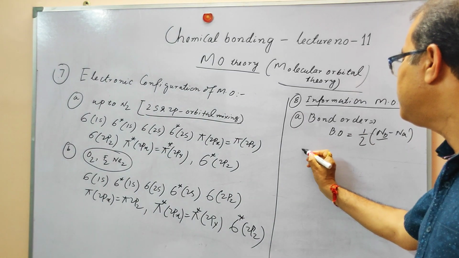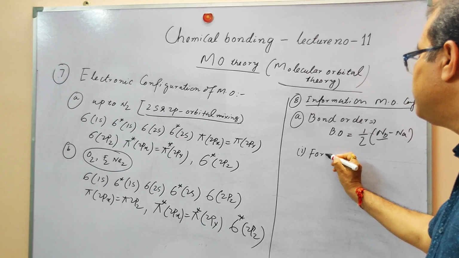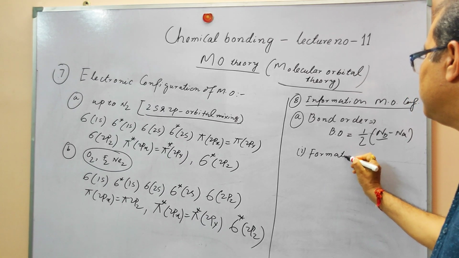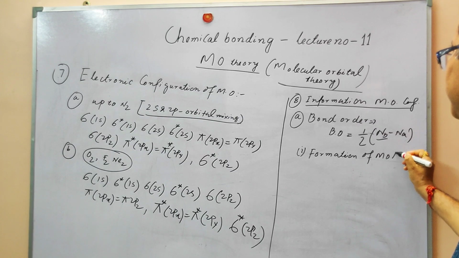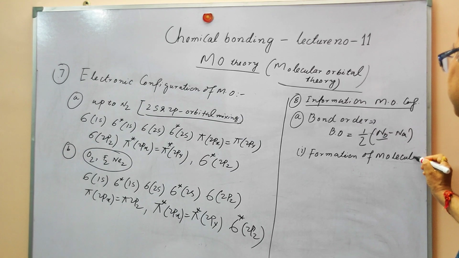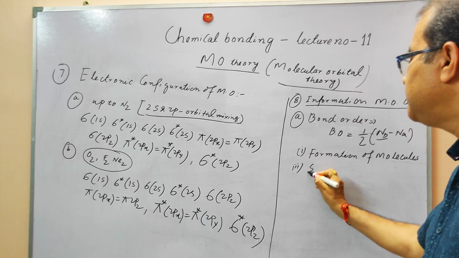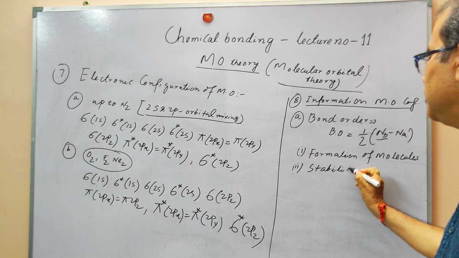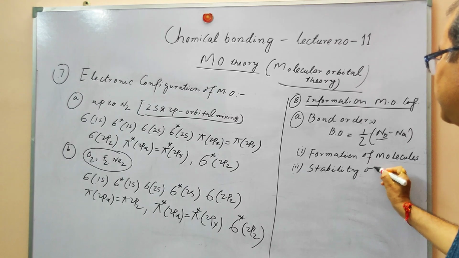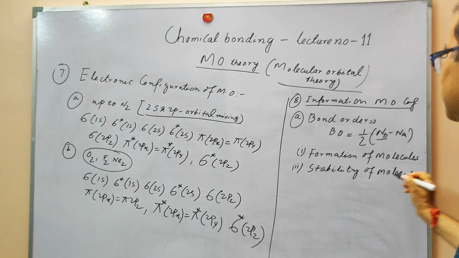And from this bond order, we can know about the formation of the molecule. If the bond order is 0, then we say the molecule is not going to be formed. Second thing, the stability of the molecule, which we can know from the bond order.